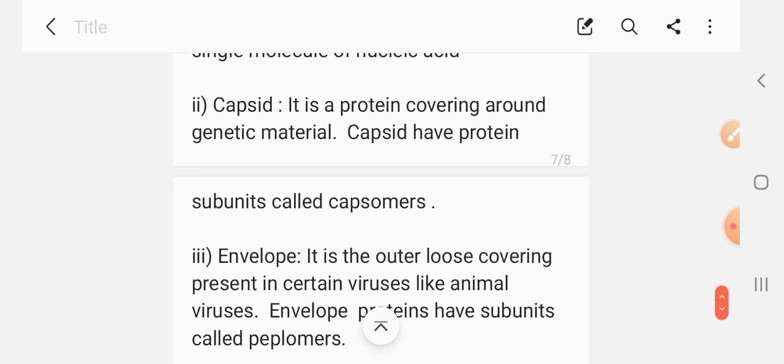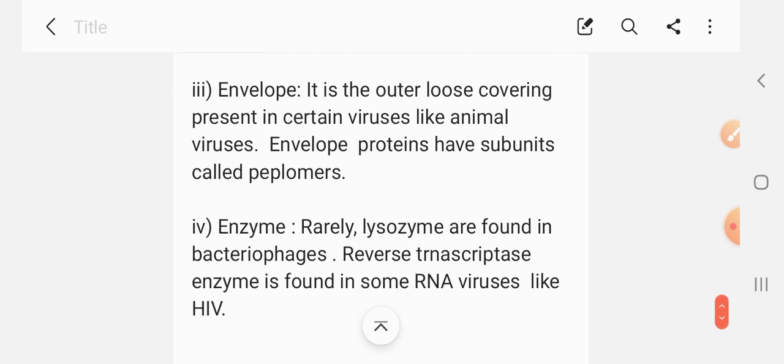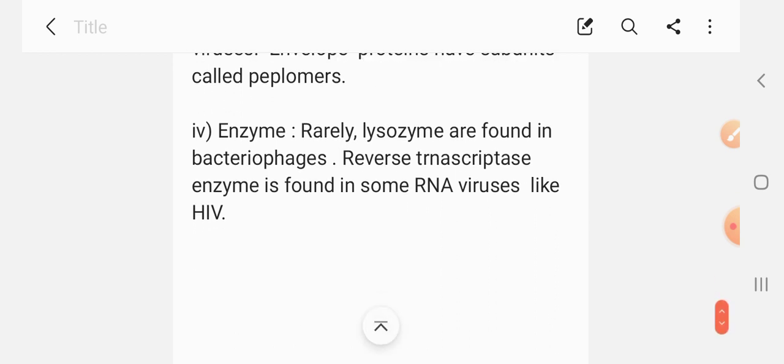Number 2, Capsid: it is a protein covering around the genetic material. Capsid has protein subunits called capsomeres. Number 3, Envelope: it is the outer loose covering present in certain viruses like animal viruses. Envelope proteins have subunits called peplomers. Number 4, Enzyme: rarely lysozyme is found in bacteriophages. Reverse transcriptase enzyme is formed in some RNA viruses like HIV.